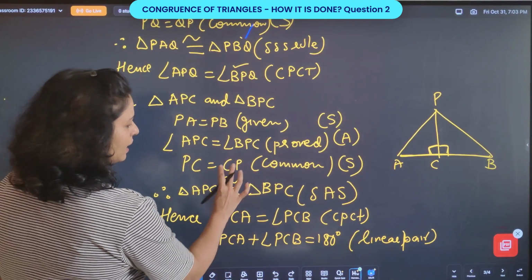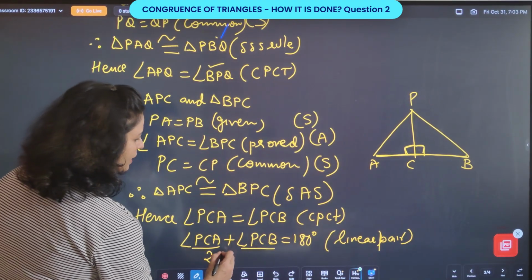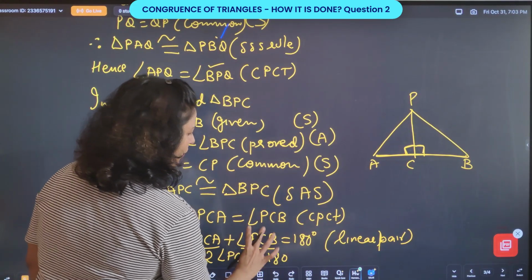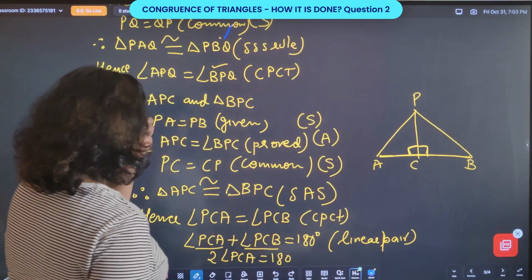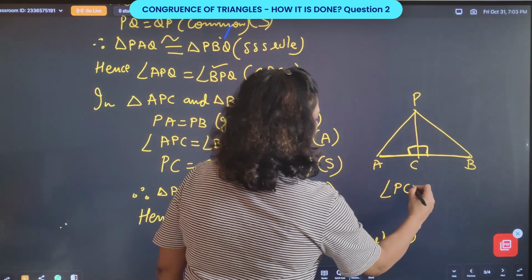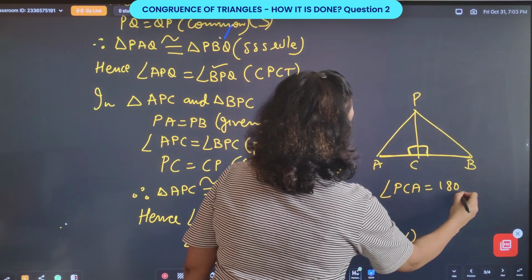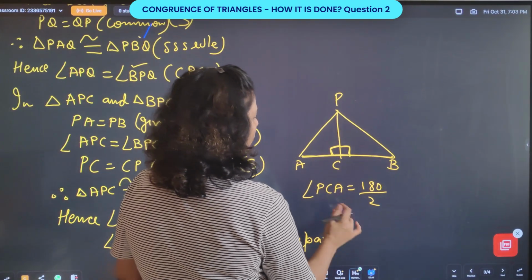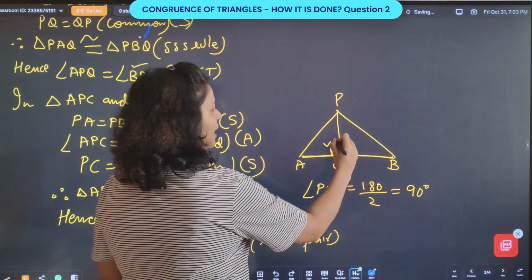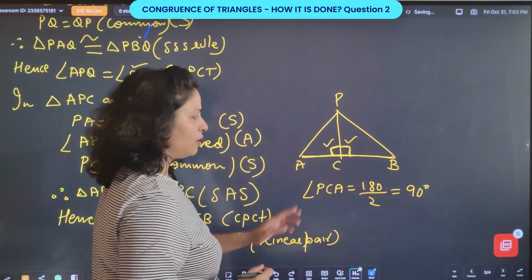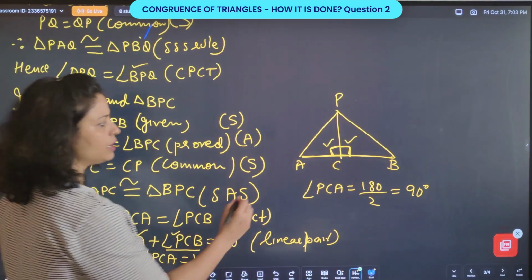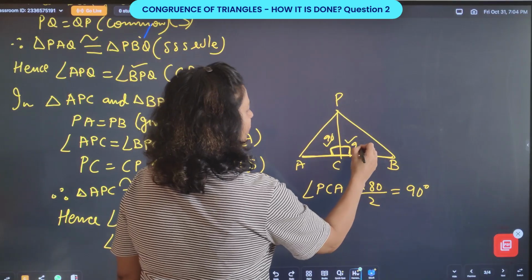Once they are equal, I can write twice angle PCA is equal to 180 degrees. So angle PCA will be equal to 180 by 2, which is 90 degrees. Obviously the other angle also will be 90 degrees because they both are equal.